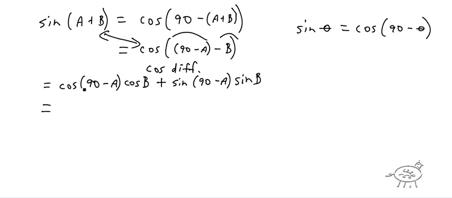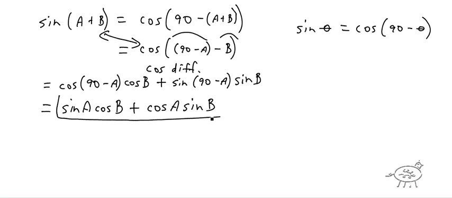So instead of saying cosine of 90 minus A, I can say that's sine of A, cosine of B, and sine of 90 minus A is the same thing as cosine of A, so it's plus cosine of A sine of B. And there we have it. This is sum for sine.